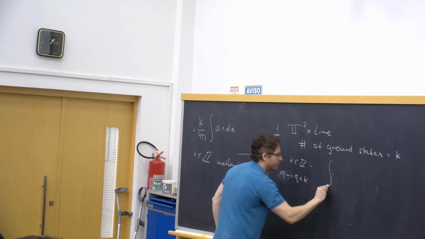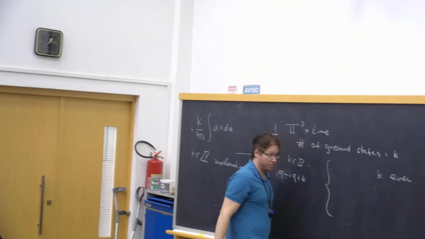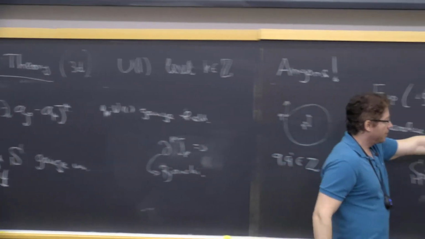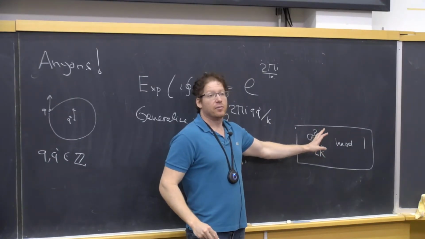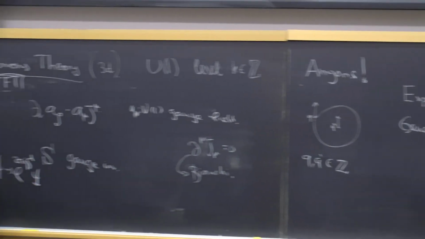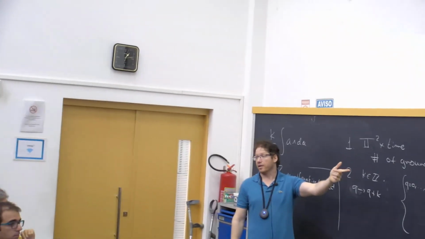More precisely, if k is an even integer number, then you see that the spins and Aharonov-Bohm phases go back to themselves when q is equal to k. So the indistinguishable anyons for k even correspond to q equals 0 all the way to k minus 1. Because if k is even, k squared over 2k is an integer. So it's 0 mod 1. And likewise, the Aharonov-Bohm phases vanish when you put q equals k.